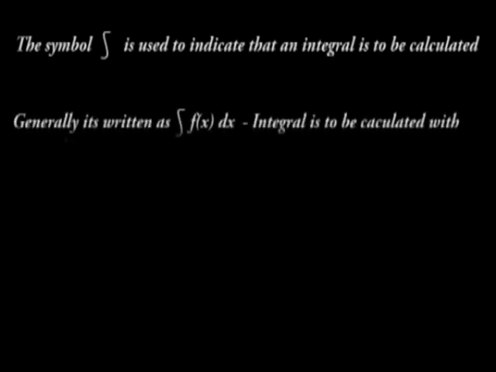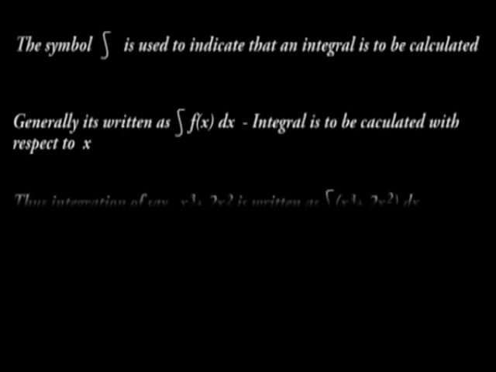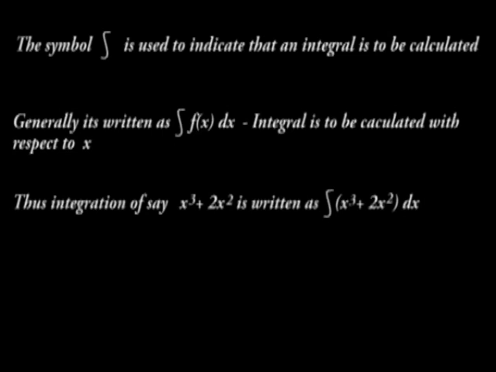Integration notation. This symbol is used to indicate that an integral is being calculated. Generally, it is written as the integral of a function of x with respect to x. Thus, integration of, say, x cubed plus 2x squared is written as the integral of x cubed plus 2x squared with respect to x.